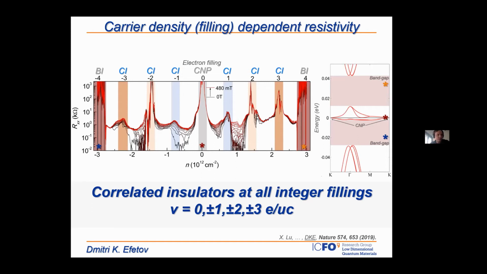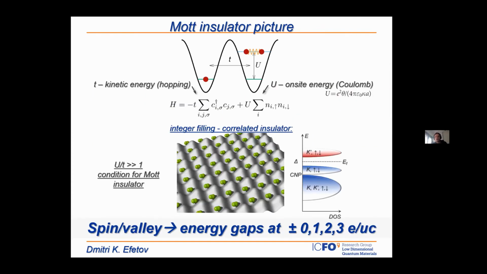But the first order approximation with which people started thinking about this problem was really just a Mott insulator picture, where we can define the kinetic terms and the Coulomb terms in the problem, and assume electrons occupying different lattice sites and being allowed to hop between them. When the unit cells are all occupied with an integer number of electrons, it is not favorable for electrons to hop between lattice sites, because every time many electrons are in one lattice site, it costs additional Coulomb energy.